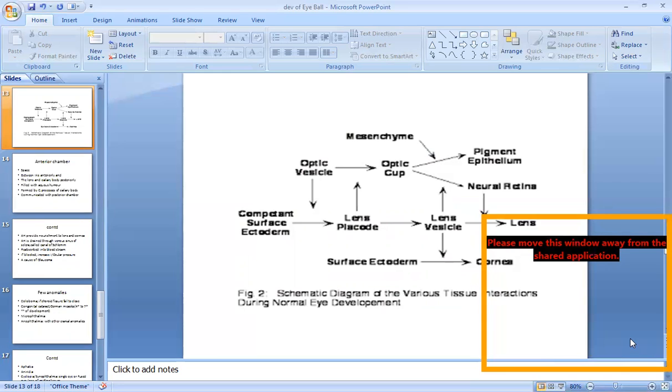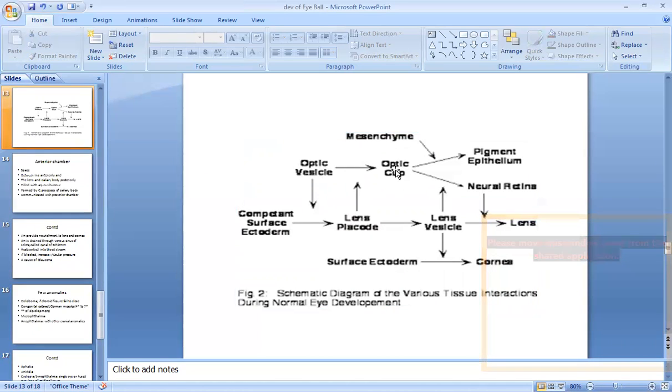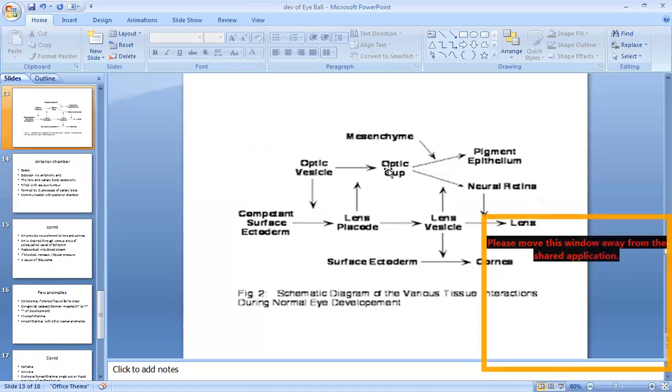Then the surface ectoderm gave rise to the lens placode, and the optic vesicle will give rise to the optic cup and optic stalk, and then the formation of the retina, the pigmented layer and the neural layer. So the optic vesicle will convert into optic cup and optic stalk, and then they will be responsible for the formation of the retina. The surface ectoderm will give rise to the lens placode, then lens vesicle, and then finally the lens. And similarly, the surface ectoderm also gives rise to the cornea.